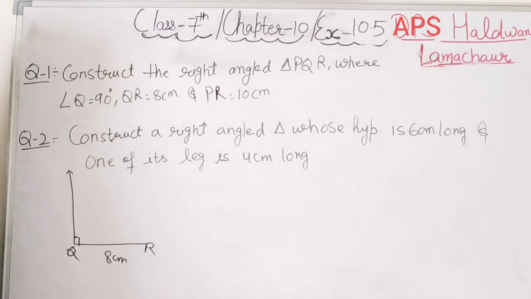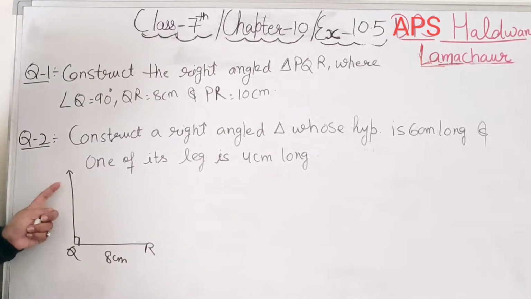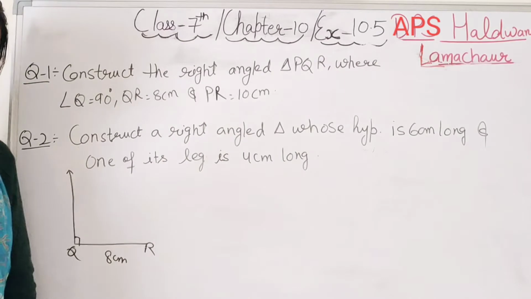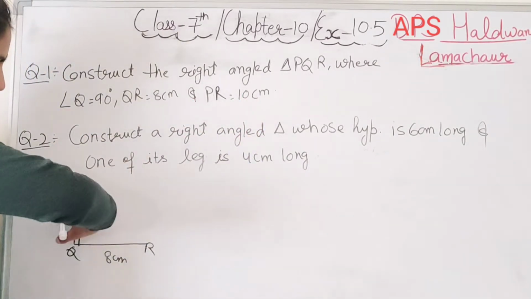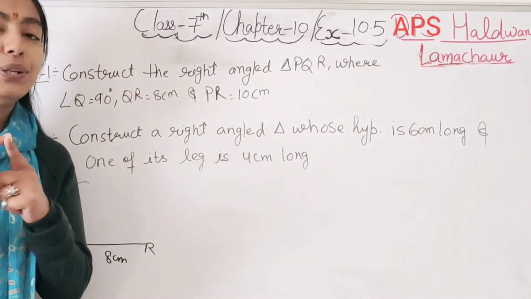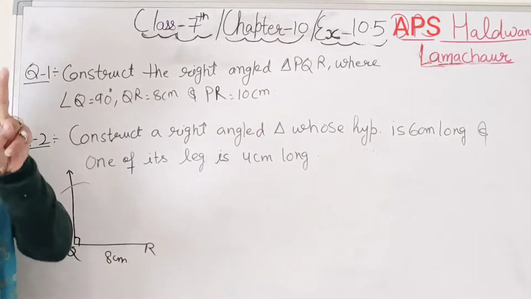Now PR is 10 centimeter. Student, somewhere here is point P, and the distance of P from R is 10 centimeter. So you open the compass 10 centimeter and make an arc here, right? Because I told you, whenever we need a point, P point we want, two arcs should be cut.